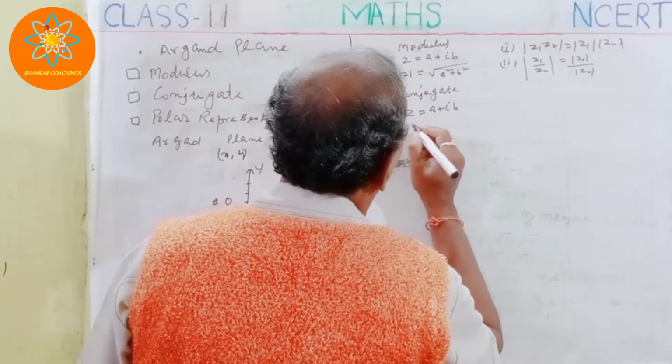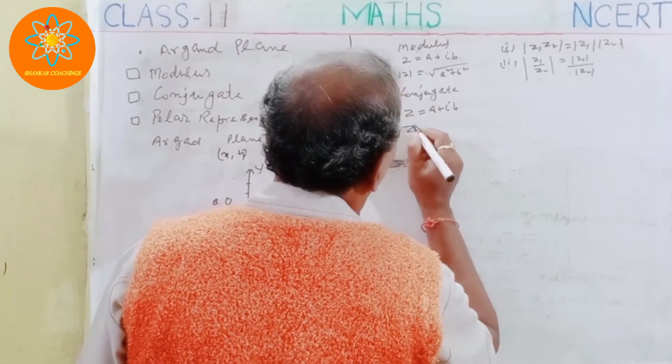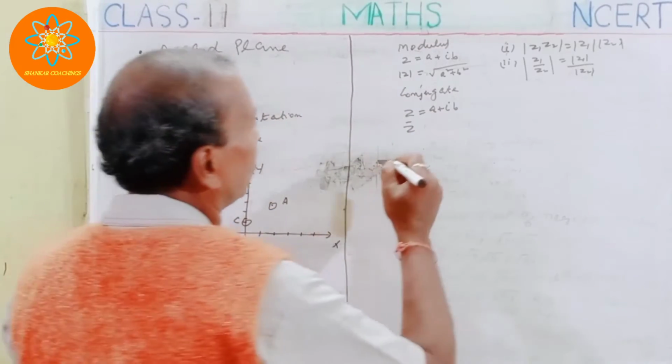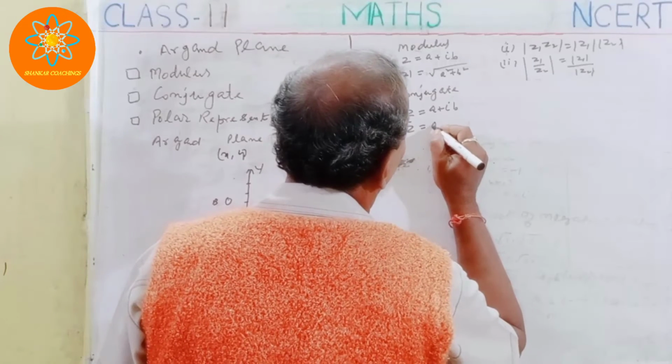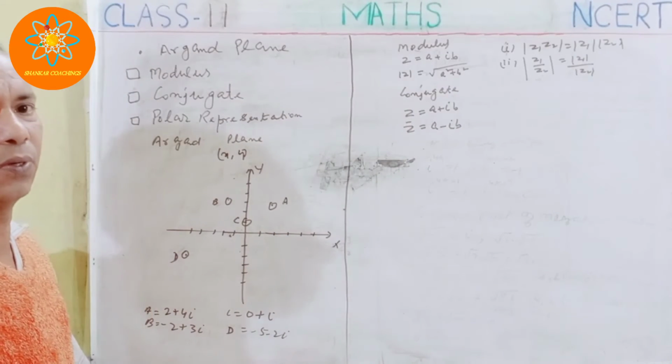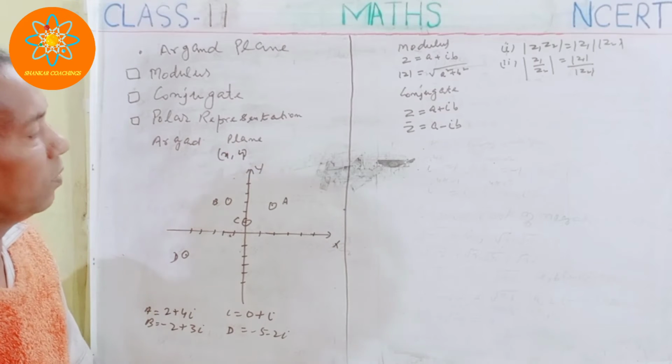The conjugate is represented by z bar. So z bar is equal to a minus ib.